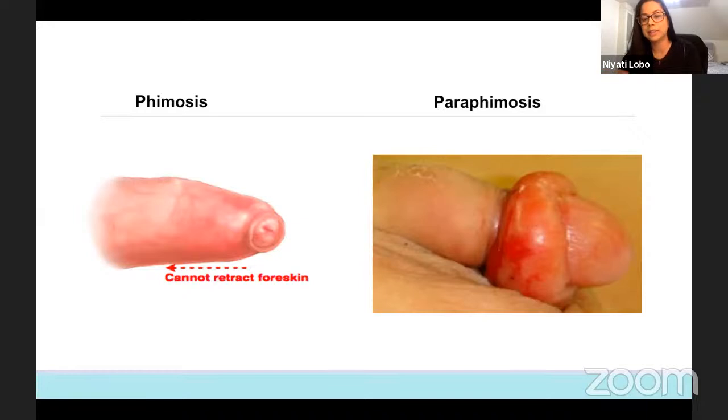So the foreskin gets stuck. The foreskin is usually a bit tight, and that's why that happens. So the foreskin gets stuck behind the glans, and then it gets edematous, and it gives you that appearance, which looks fairly alarming, but is quite simple to treat.